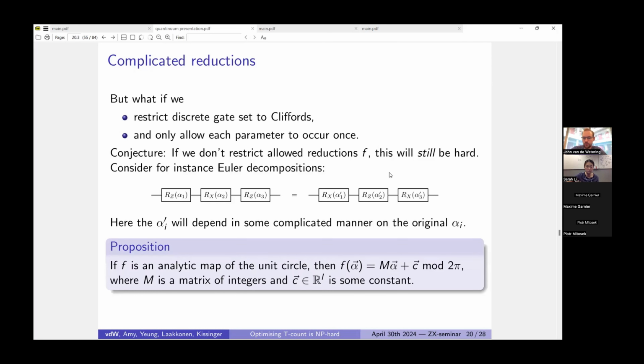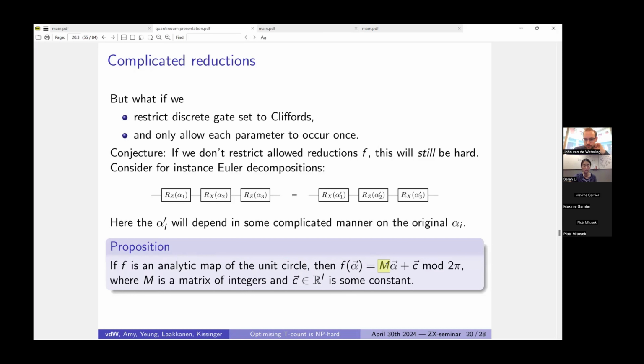Now, if you go one step further and say f is an analytic map, which means it's like an infinite polynomial function, then, because it's a phase function, it should exist on the unit circle because it's also periodic. Then we can show that f of alpha is just an affine function.